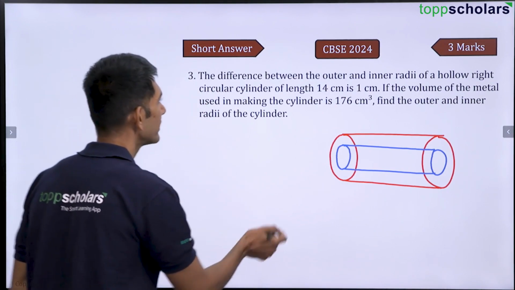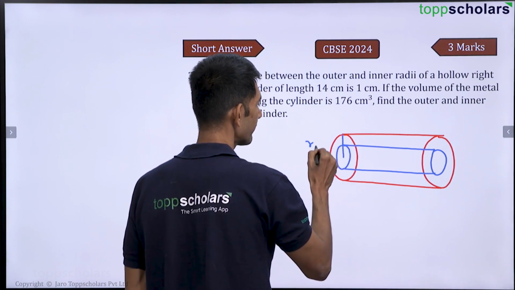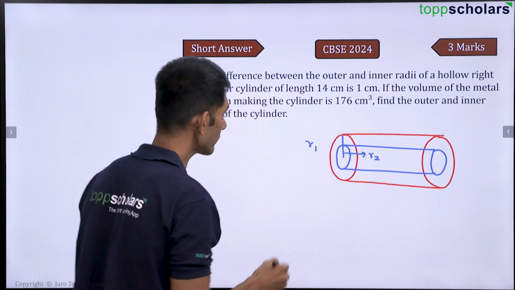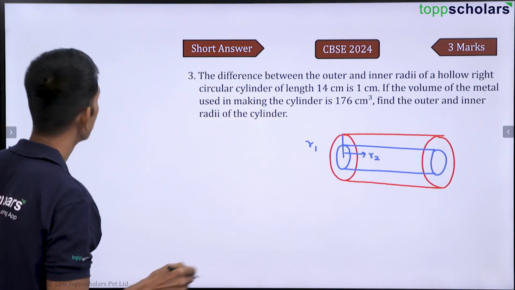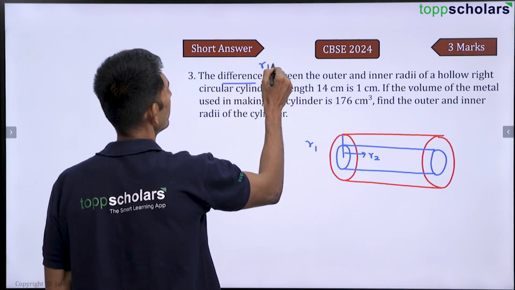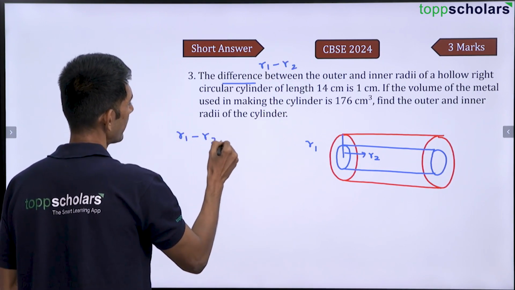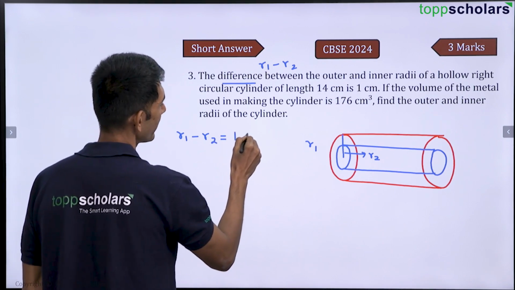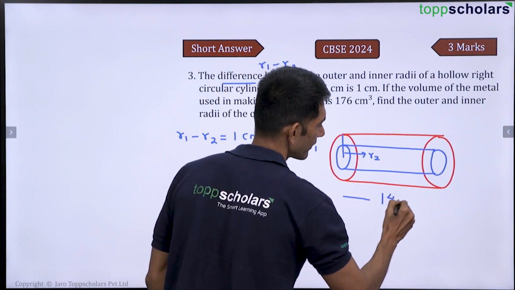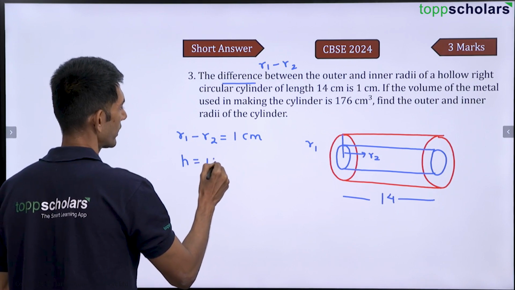If I take the two radii, say R1 and R2, suppose R1 is the bigger radius and R2 is the smaller radius, then the difference between the two radii is given, right? Difference means R1 minus R2 is given. So R1 minus R2 is already 1 centimeter. The length means the height. So the height is already given: height is equal to 14 centimeter.